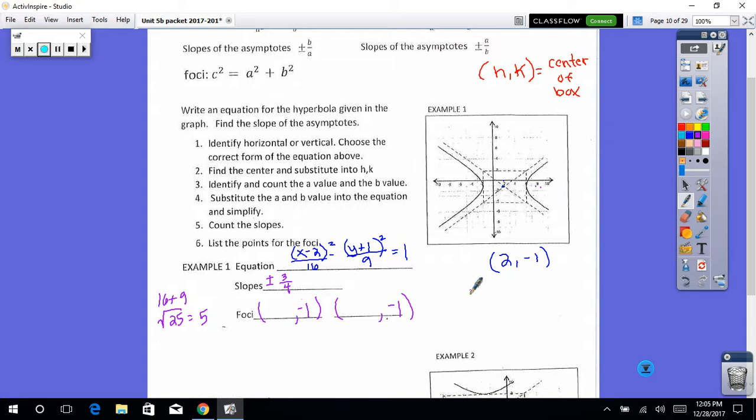So we have 2 plus 5, which is 7, and 2 minus 5, which is -3. So now our foci is at -3, -1 and 7, -1. So it's right here and right here. It's always nice when it's a pretty, round, even, perfect square like that. It's not going to happen often, so don't get used to that.